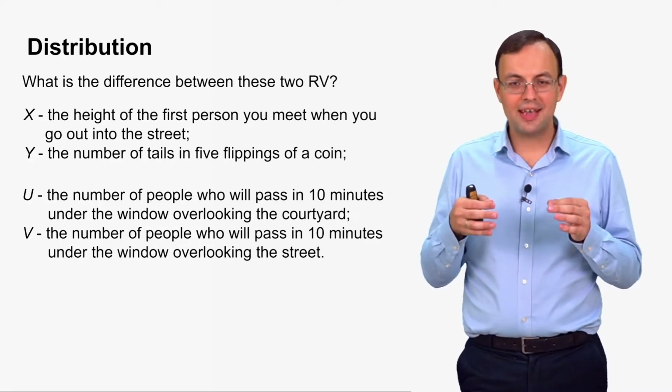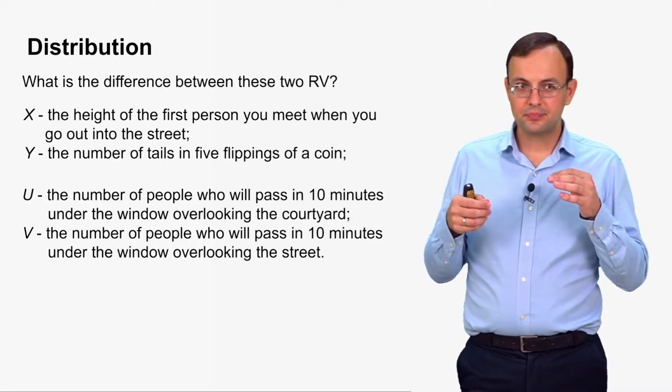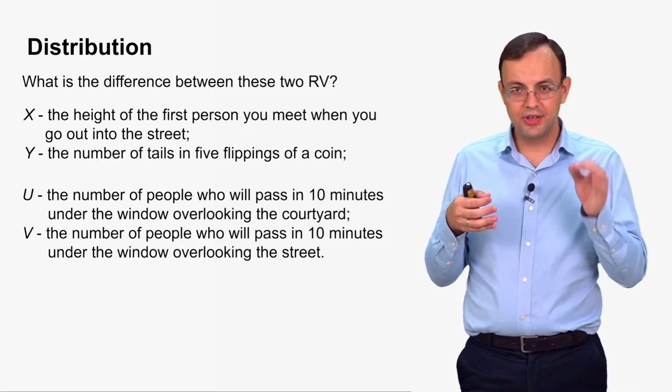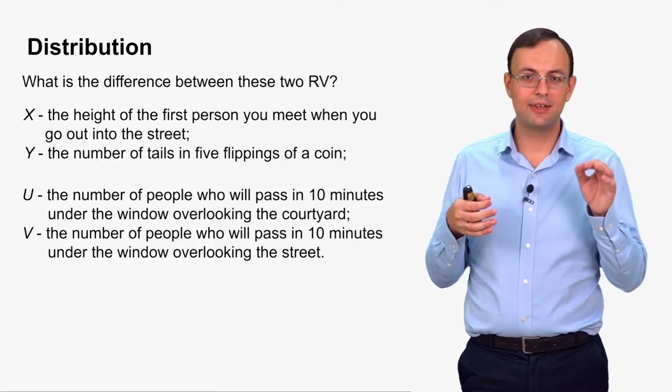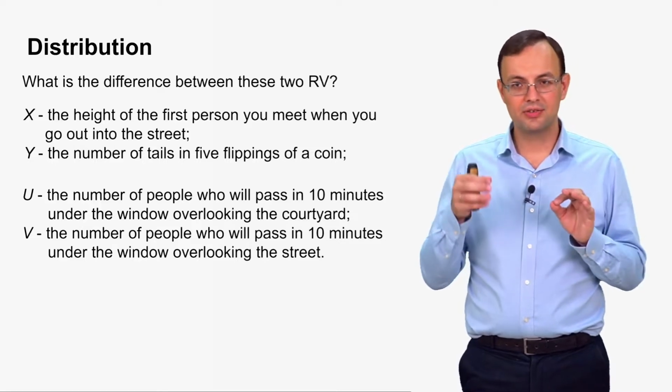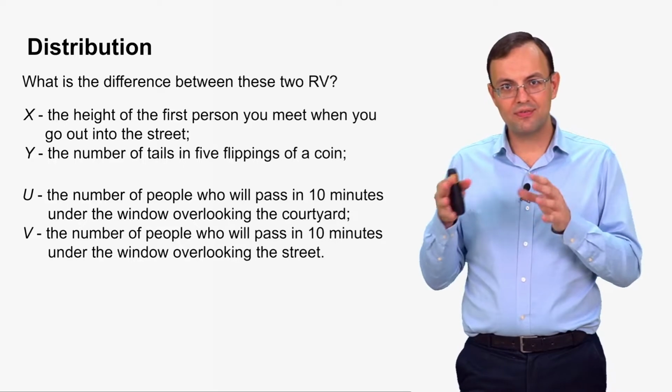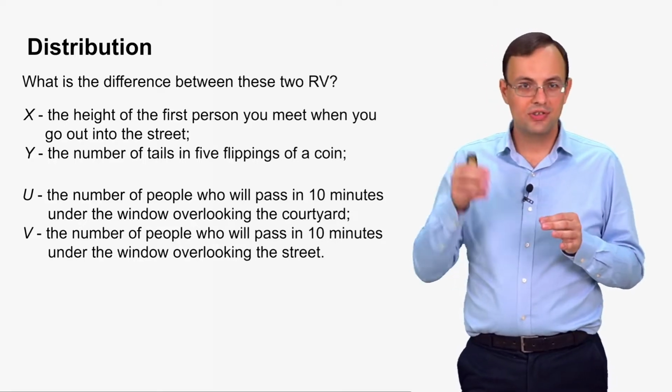So we can say, for example, that the probability that U will take value, let's say 3, is 0.1, and the probability that V will take value 3 is 0.01.